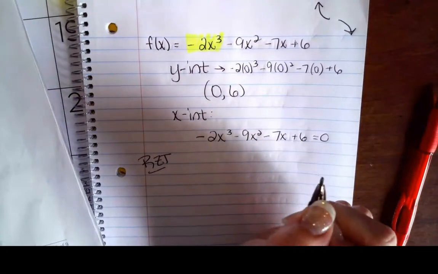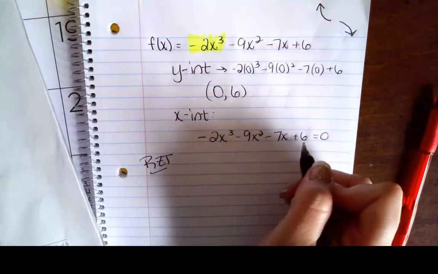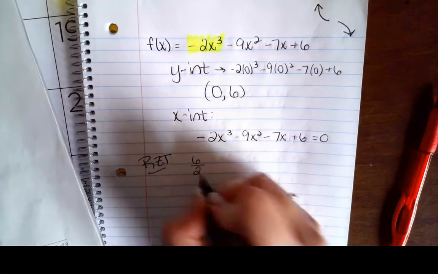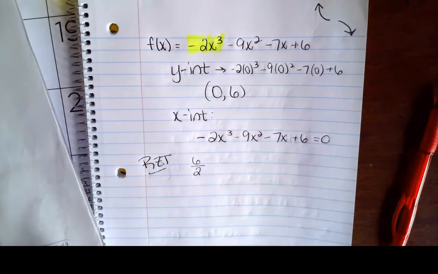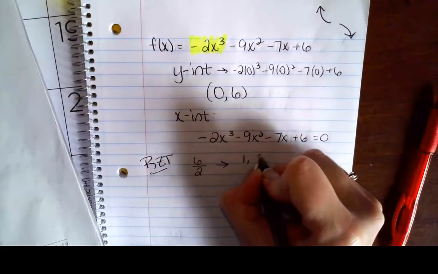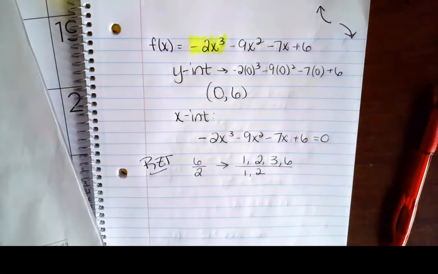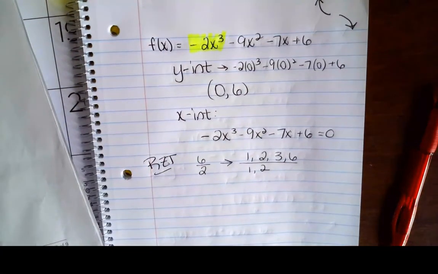So rational zeros theorem. I'm going to use factors of 6 over factors of 2. I don't care that it's a negative 2 because I'm going to handle the positive negative in a second. So for factors of 6, I've got 1, 2, 3, and 6. For factors of 2, I've got 1 and 2.